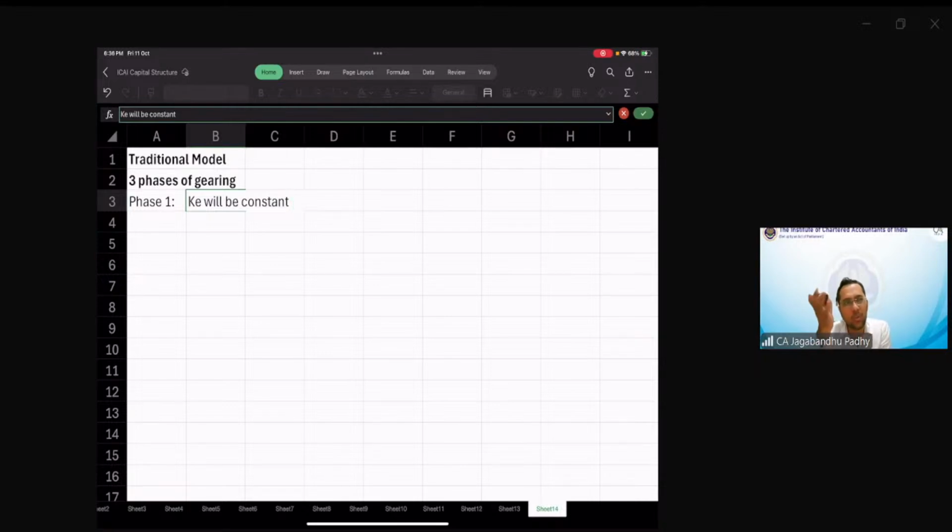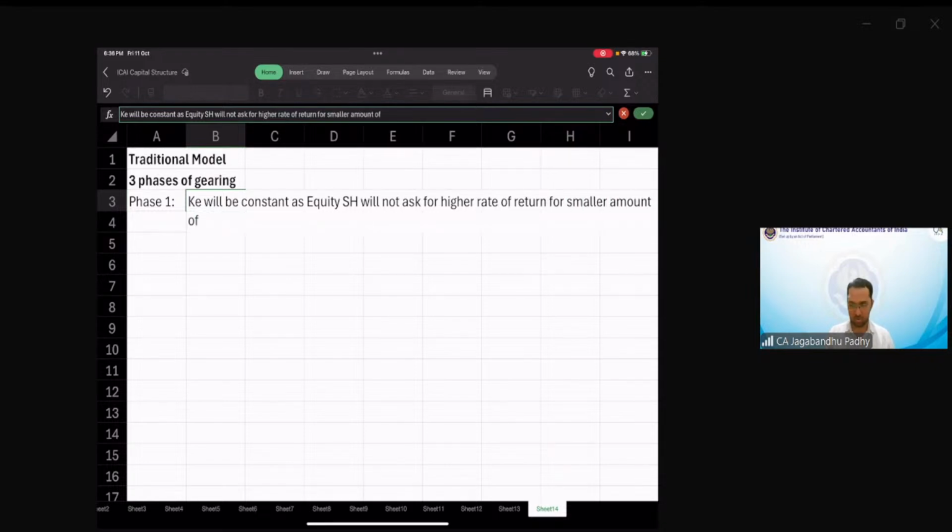Because they assume that equity shareholders are not going to ask for a higher rate of return for some smaller amount of debt.